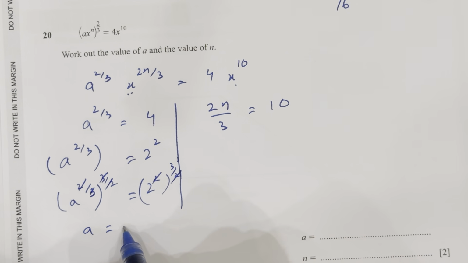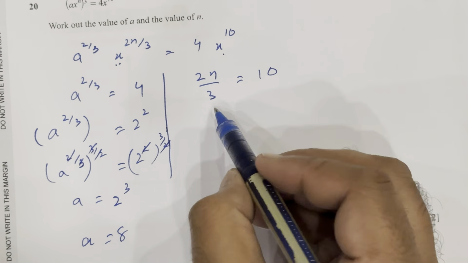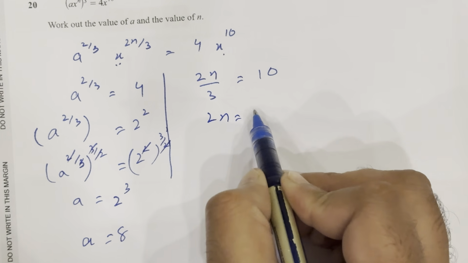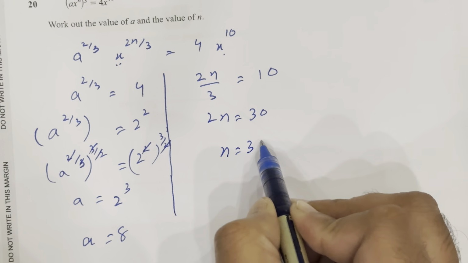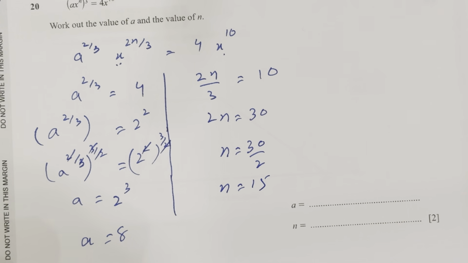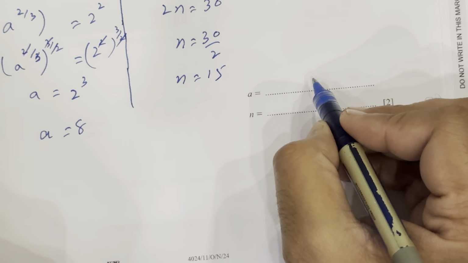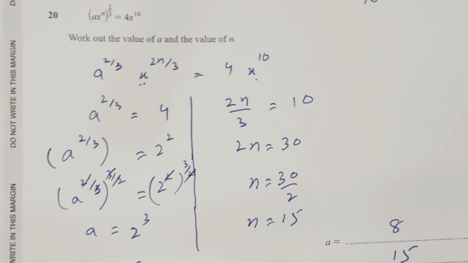So our answer would be a is equal to 2 cubed. So our answer is a is equal to 8. Now for this part, 2n is equal to 30, then n is equal to 30 by 2, then n is equal to 15. So our answer would be a is equal to 8 and n is equal to 15.